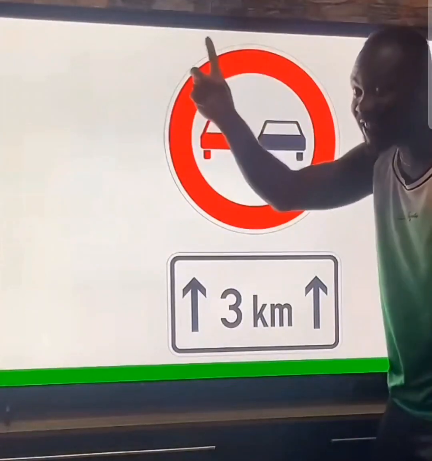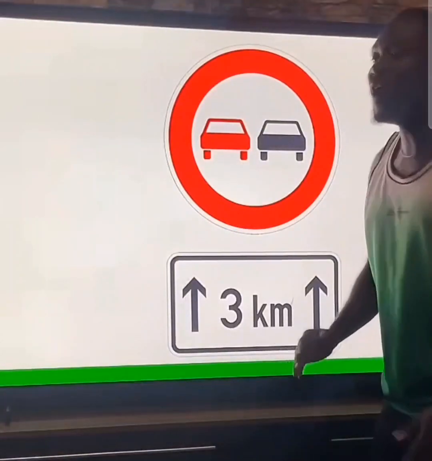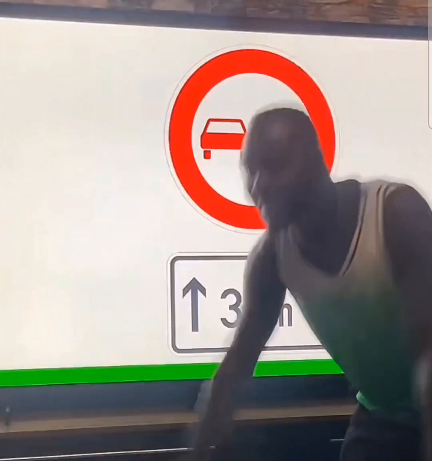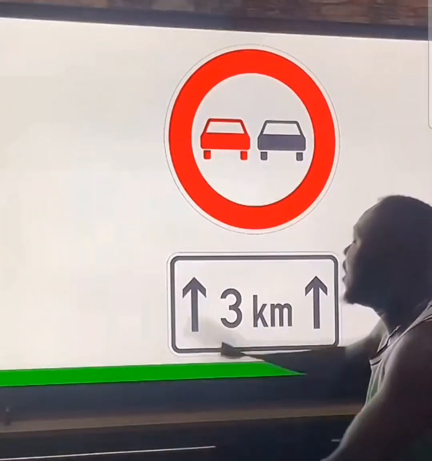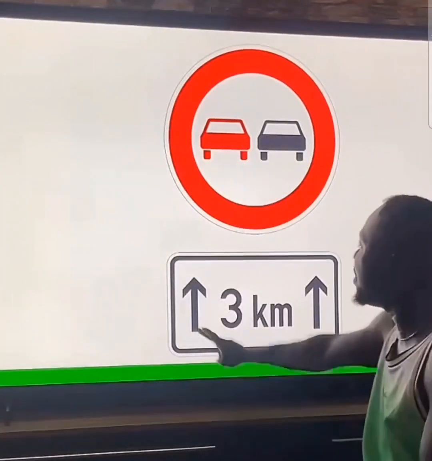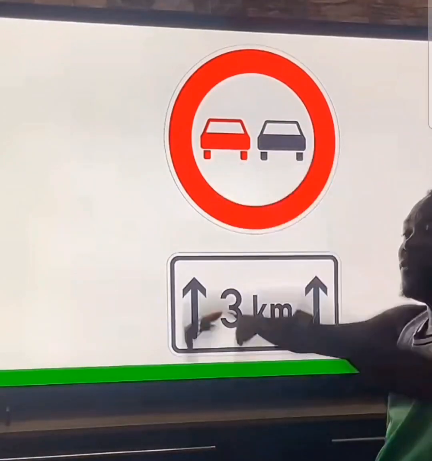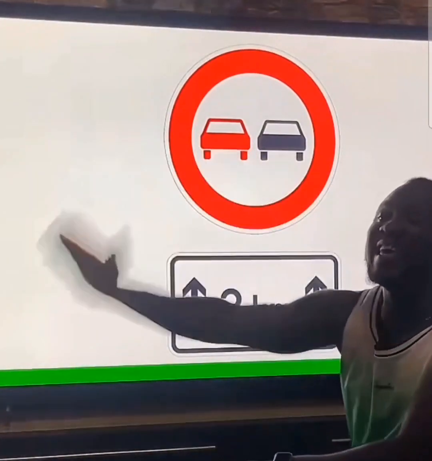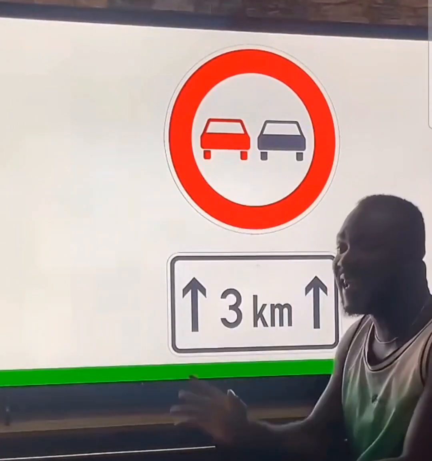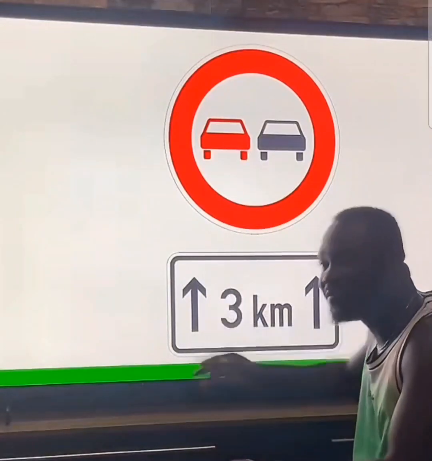Now, this sign tells us that for the distance of 3 kilometers, we cannot overtake. That's why we have this arrow. So anytime you see an arrow, it means from the moment where you saw this sign to 3 kilometers.